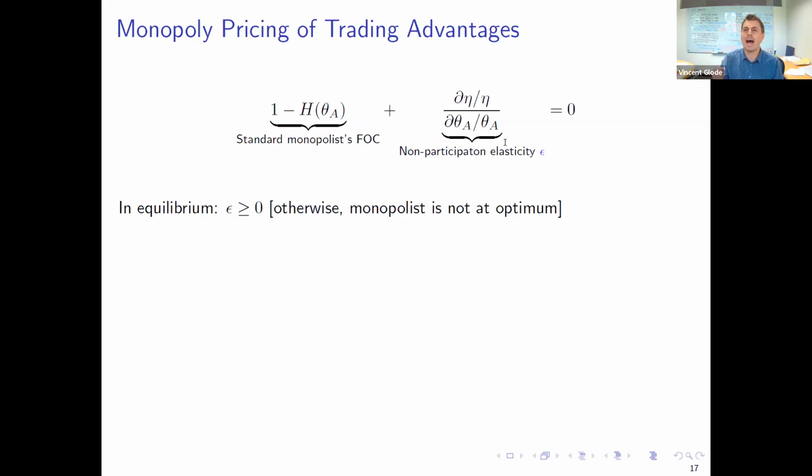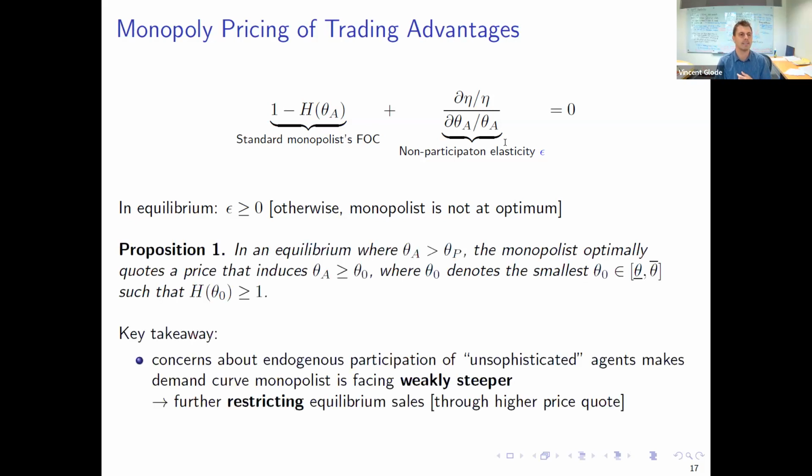If instead we had a situation where I can sell more co-location services and it led to more participation, I wouldn't be at an optimum, because I should keep selling more of these co-location services to have more participation and make co-location services more valuable. So at an equilibrium, we need this to be flipped. We need that non-participation elasticity to be positive.